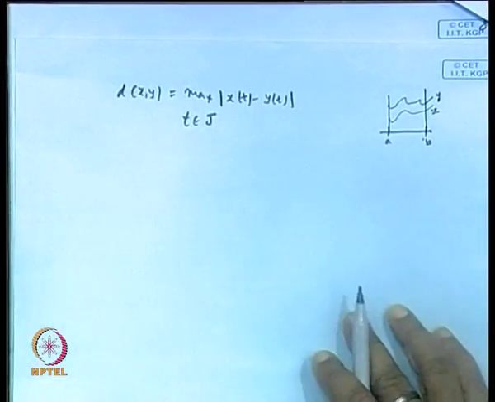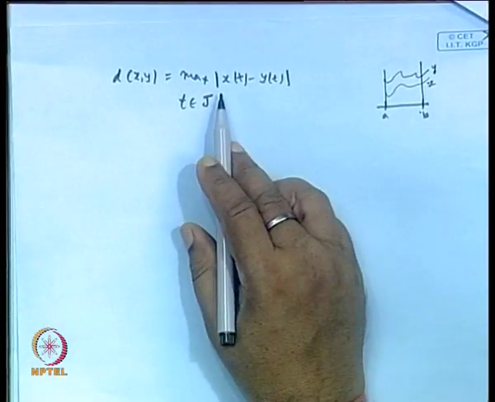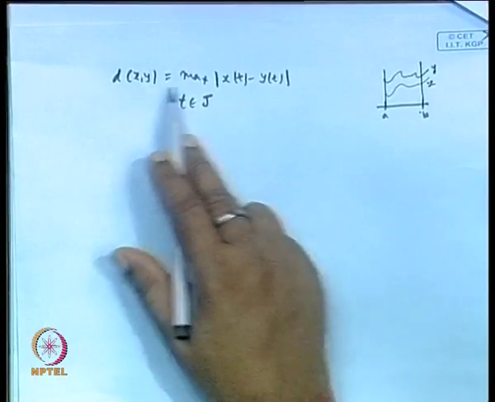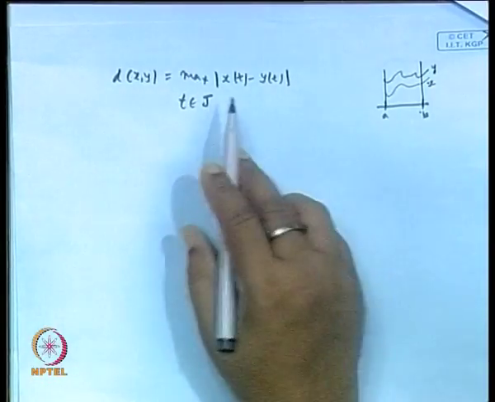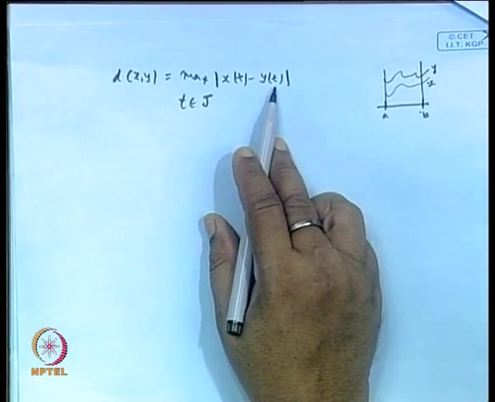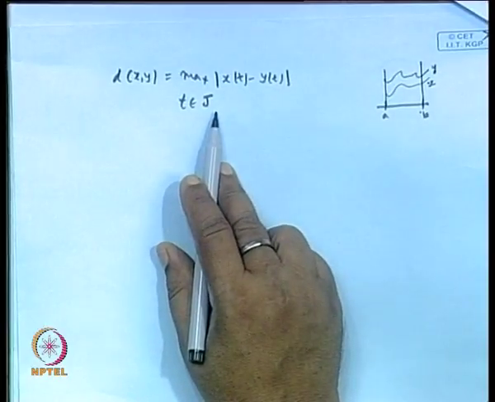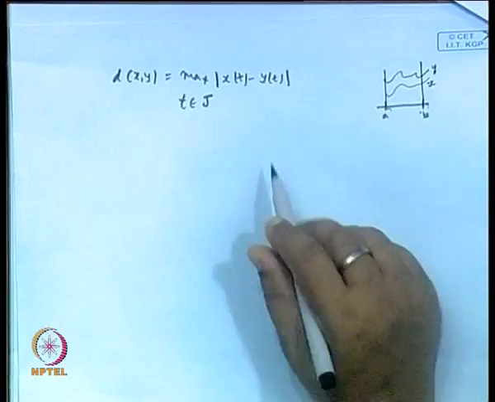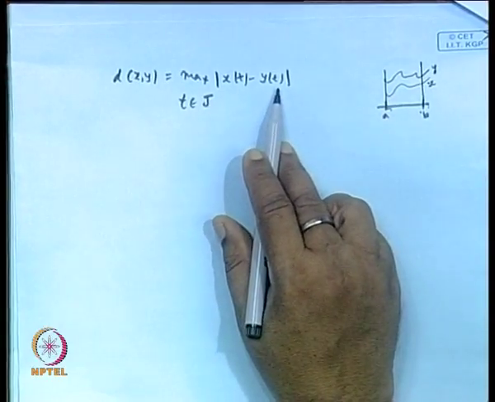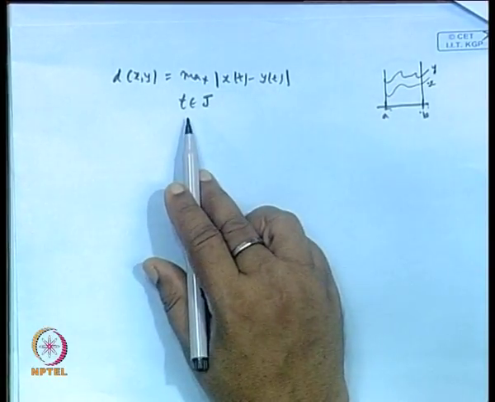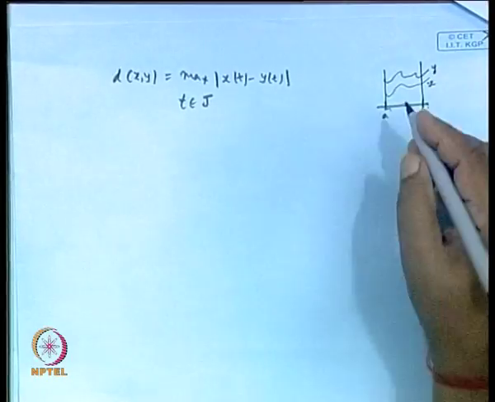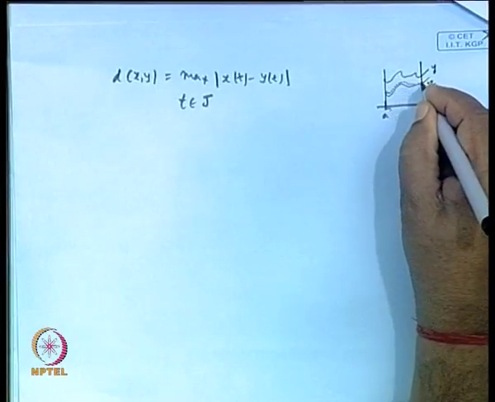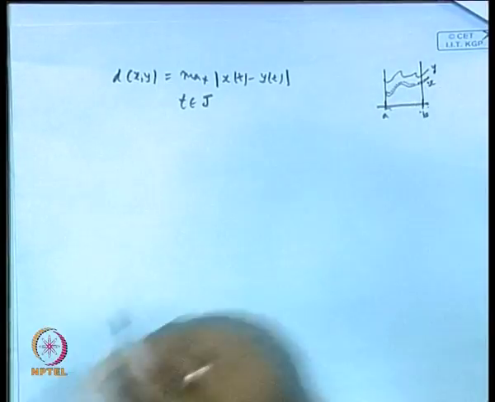Then the second part is whether d(x,y) = 0 implies x equal to y or not. If I take d of x, y to be 0, then the maximum of this thing is 0 for t belonging to [a,b]. Now, when the maximum difference is 0, this is only possible when x and y are identical.